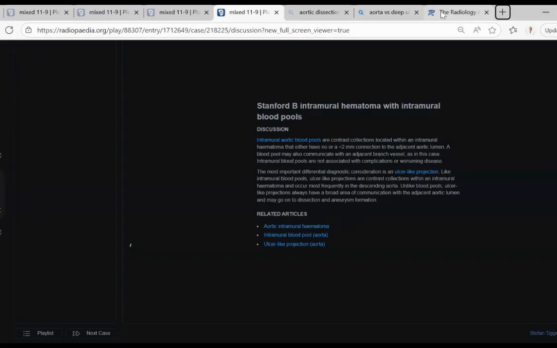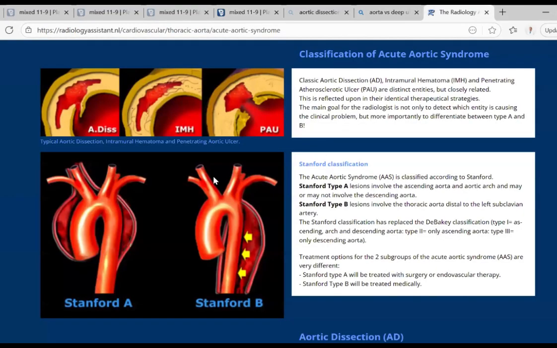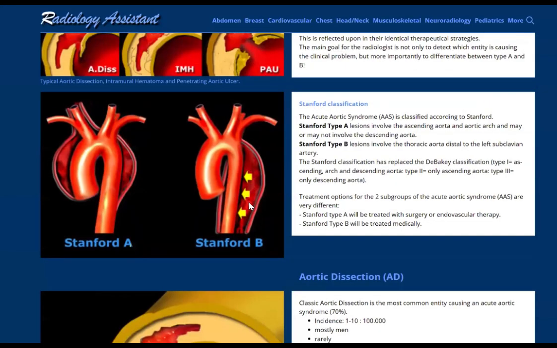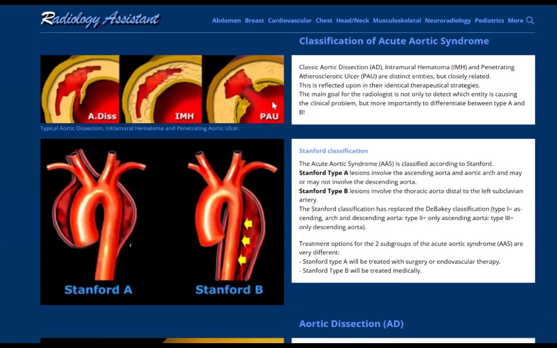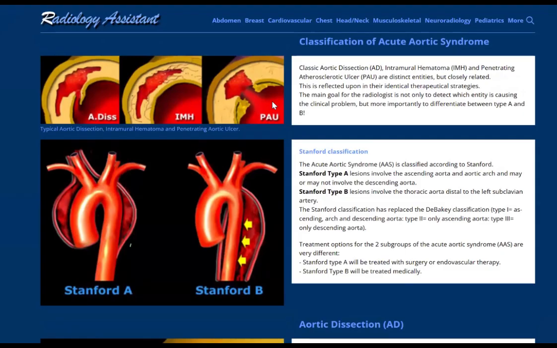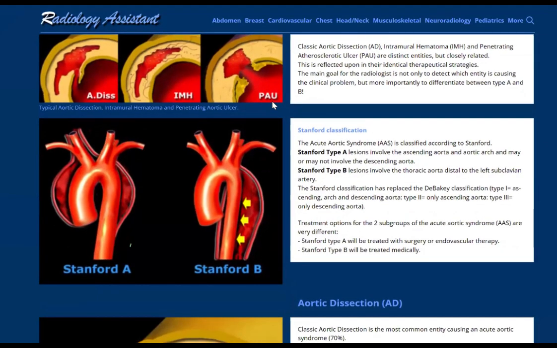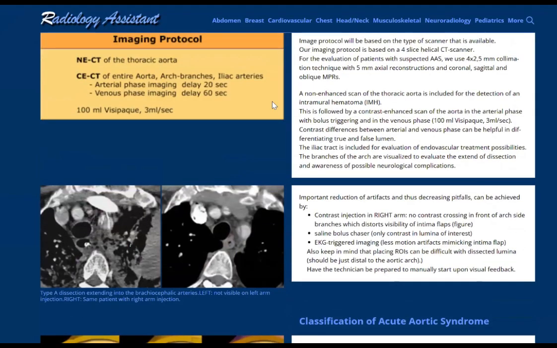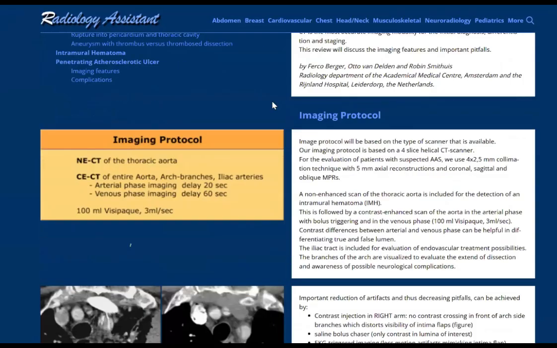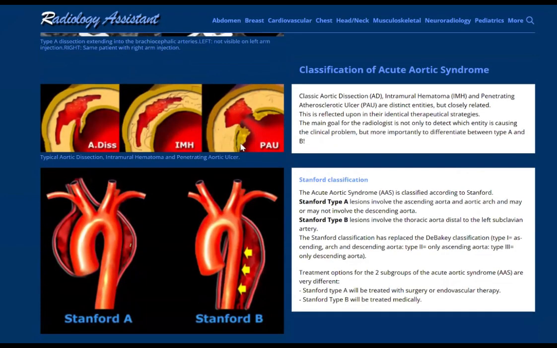Because sooner or later, this intramural hematoma will rupture and become a dissection. Know the steps of the pathology of this dissection. See, this is a system. By the way, it's very brilliant. What happens? The pathology starts with an ulcer.